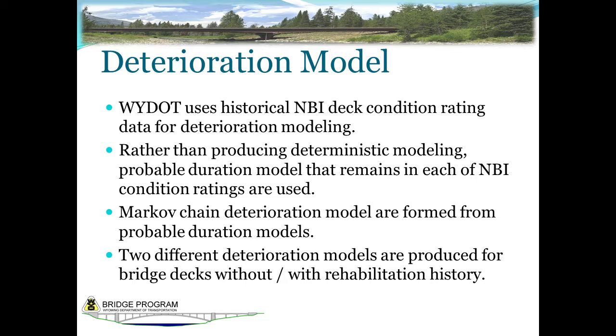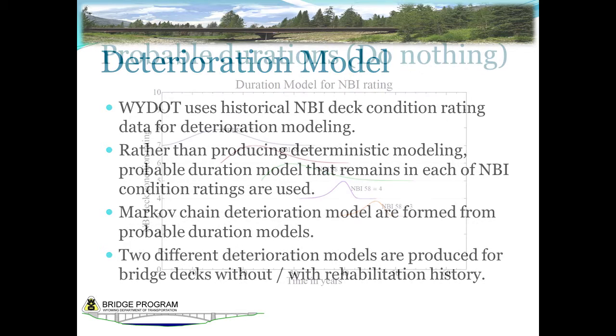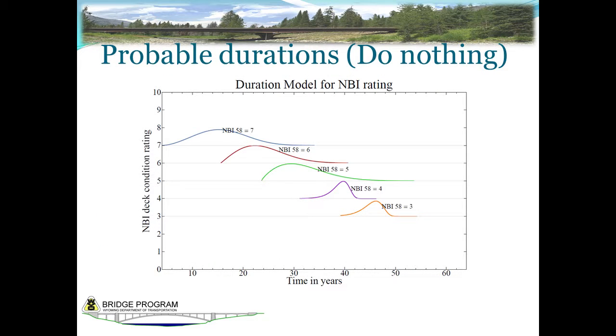There will be two different deterioration models. One for the deck without rehabilitation history, and one for the deck with rehabilitation history. So this is the probable duration models that remains in NBI condition rating through 7 to 3. This is for the bridge deck without rehabilitation action before.